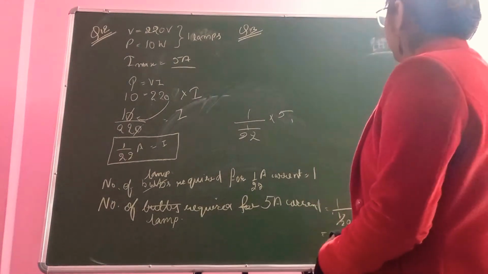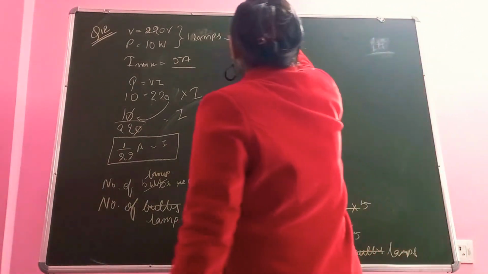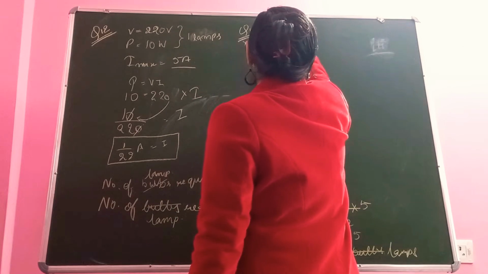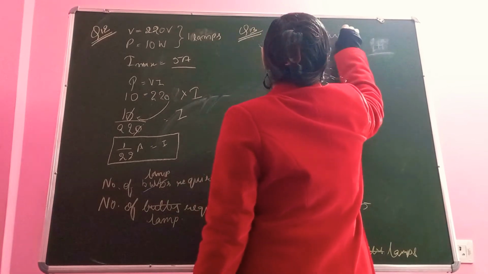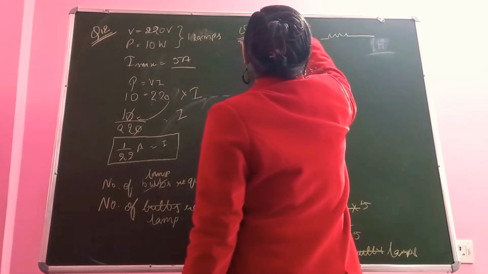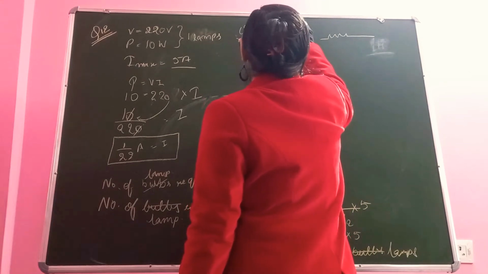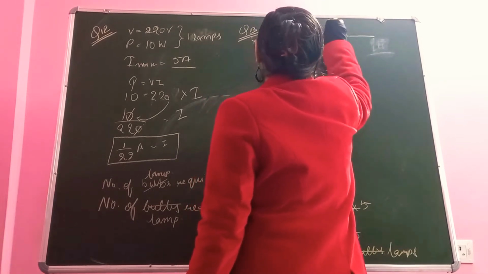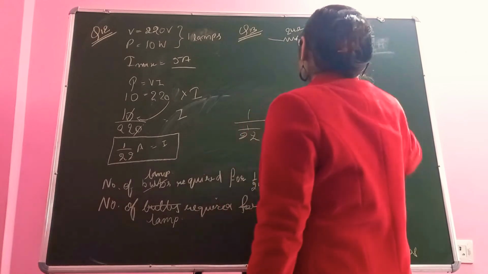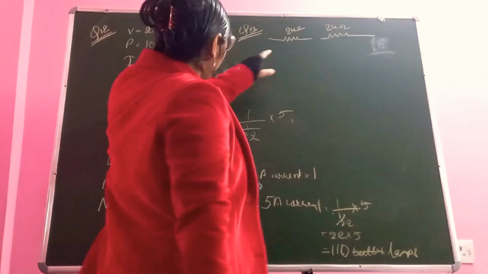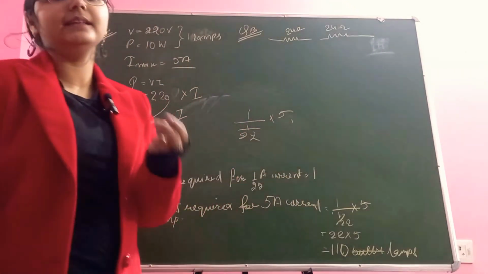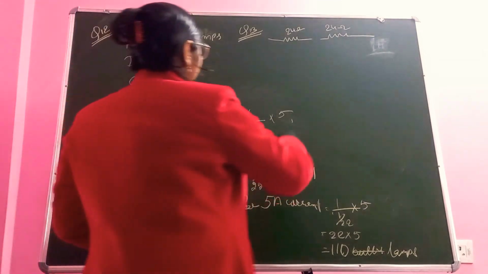So there are 3 conditions given, okay. The question says that an electric oven has 2 resistors, and both resistors are of 24 ohm, right, and these two 24 ohm resistors are connected in 3 arrangements.